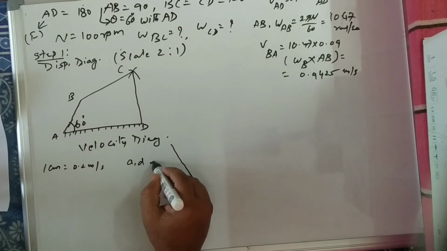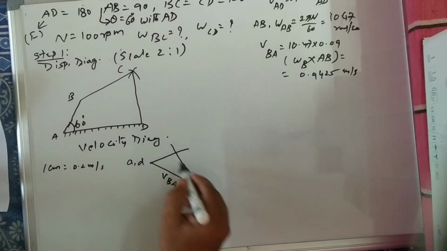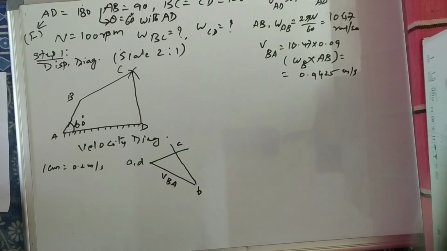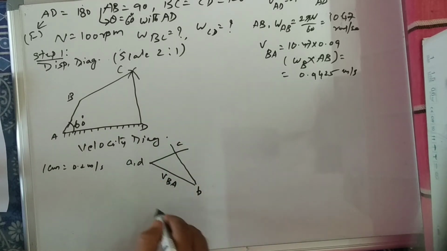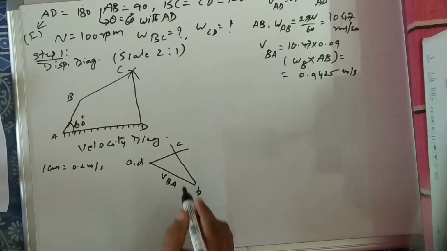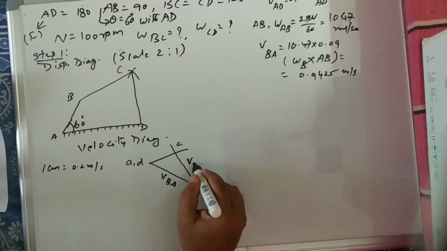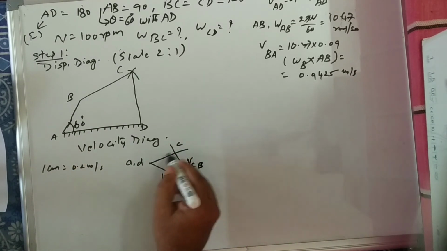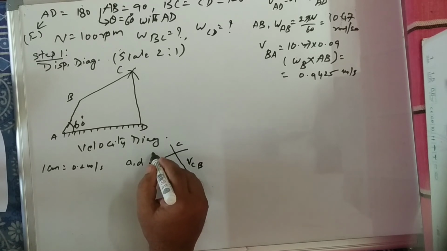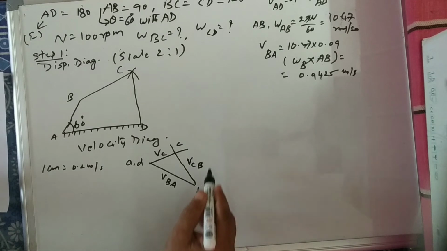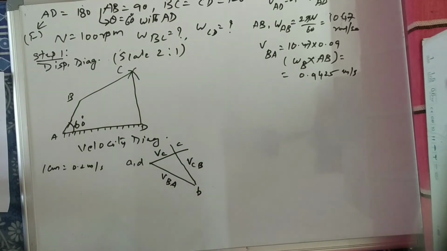The point of intersection of these two will be our point C. So the velocity diagram is complete. This is VCB, and this is VC, because D is fixed here.